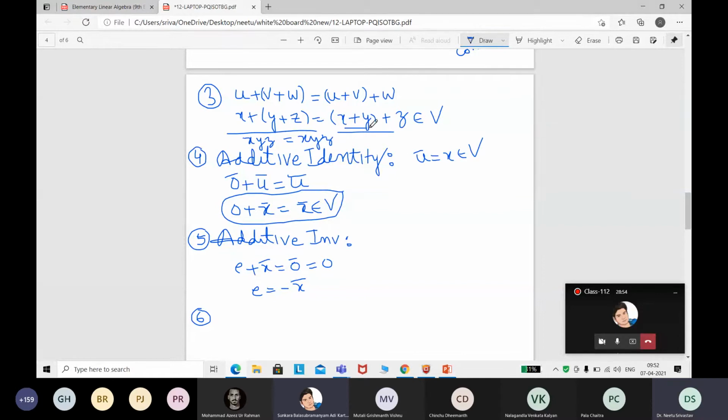When you add x plus y, you will get x into y. Then you add x into y with z, you will get x, y, z. Here also you will get x, y, z. We got x into y into z again.